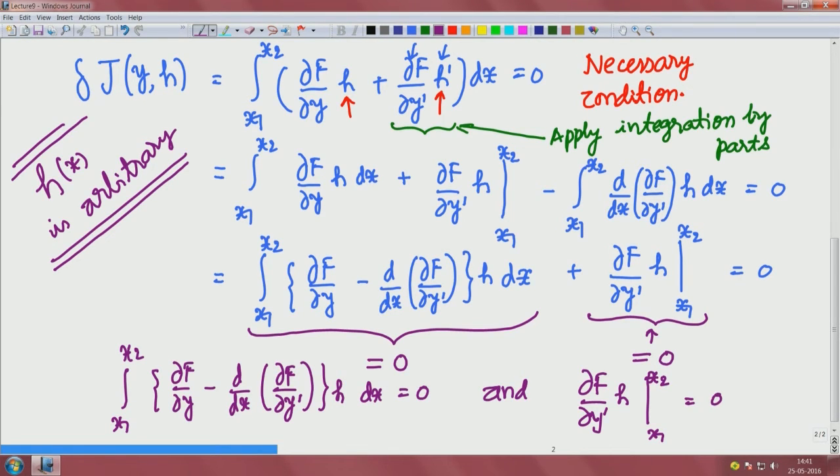That is what we say, because anything else that you do, you may be able to do for a particular h function h of x, but not for arbitrary h. So, we can write these two like this.